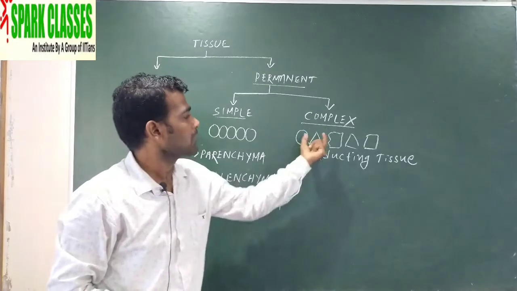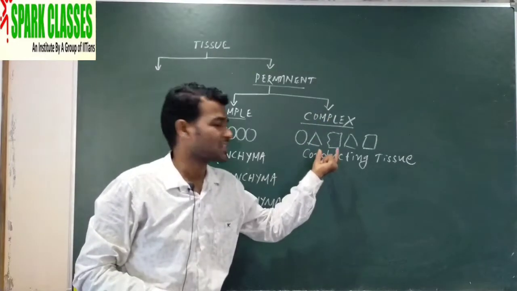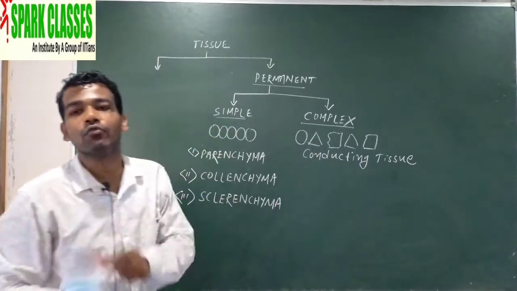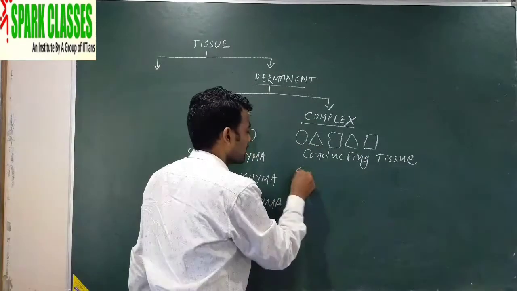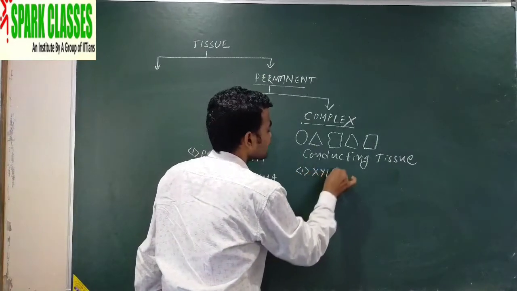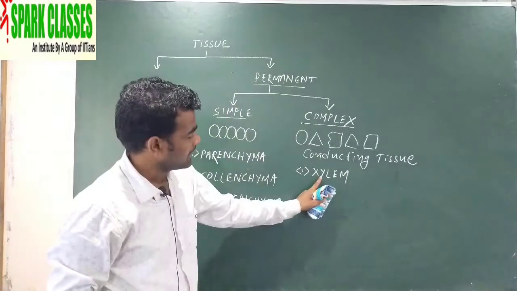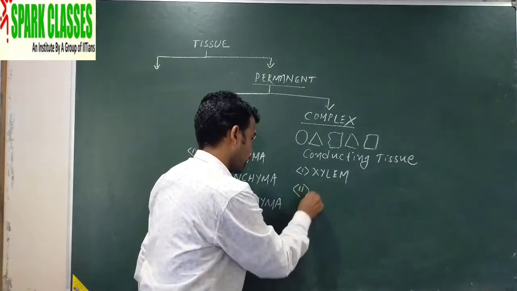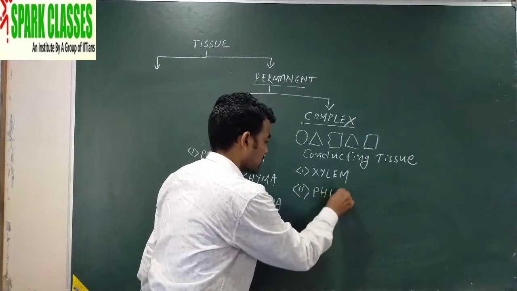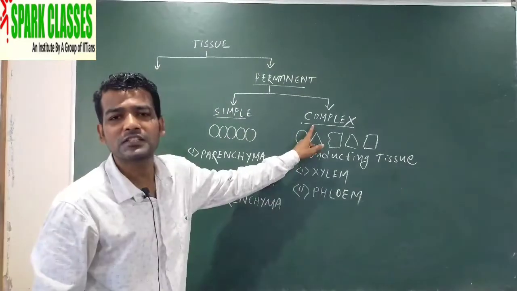Similarly, in the plant body, the complex permanent tissues are known as conducting tissue because they help in conduction of water and food. And what are the conducting tissues in the plant body? Number one is called xylem, which helps in conduction of water. All of you know from the lower classes, the xylem helps in conduction of water and minerals. And second, the phloem helps in conduction of food. So xylem and phloem come under this complex permanent tissue.